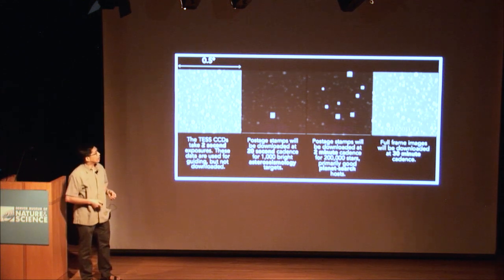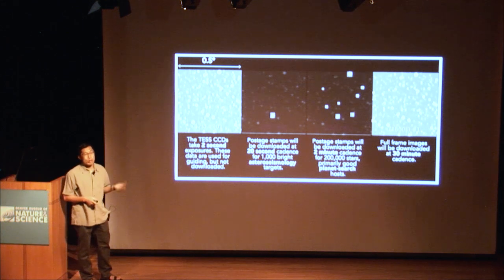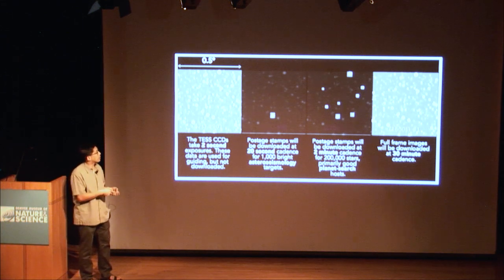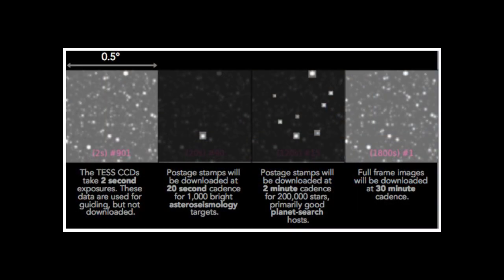So they are observed every 2 minutes instead of every 30 minutes. And then there are also some stars where they're observing every couple of seconds, where they're looking at basically very rapid variations in the light of the star.